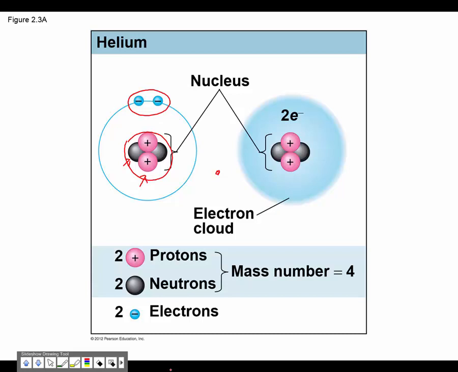So if you put a pea in the middle of a large baseball stadium, the electrons would be kind of running around the outside of that stadium. That's how much space there really is in between the nucleus and the electrons. That's why people say we're mostly made up of space, and that is correct. There's just a lot of space between those protons, neutrons, and electrons.